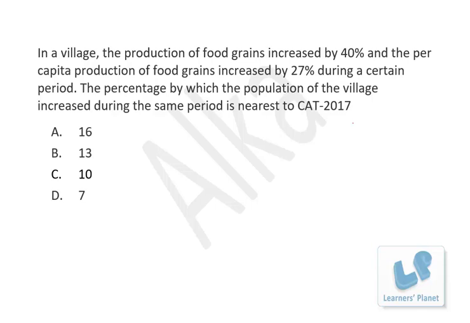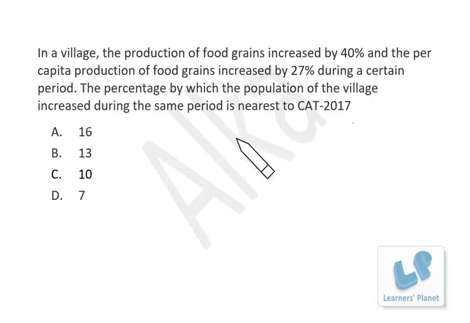In a village, the production of food grains increased by 40% and the per capita production of food grains increased by 27% during a certain period. The percentage by which the population of the village increased during the same period is nearest to. Again, a CAT 2017 paper problem.